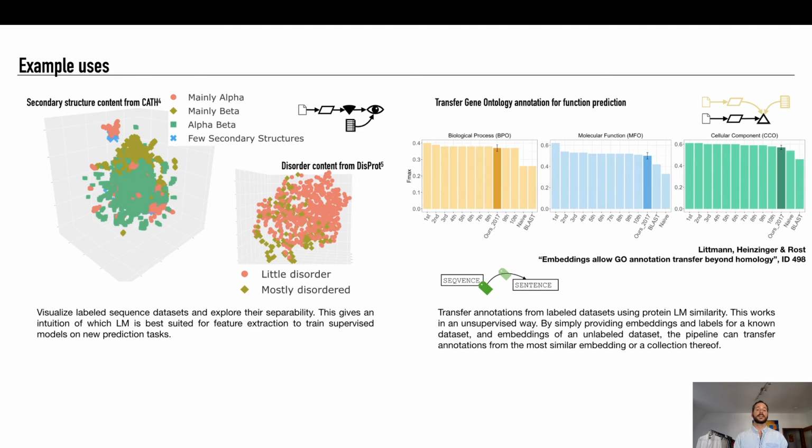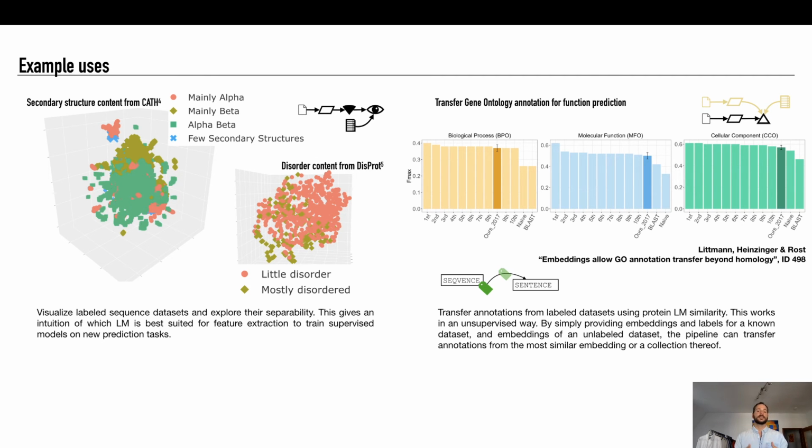I want to visualize how well a language model separates my data, which in this case is labeled. So I took the example of CATH and DisProt, both databases for structural features, one secondary structure and the other one disorder.